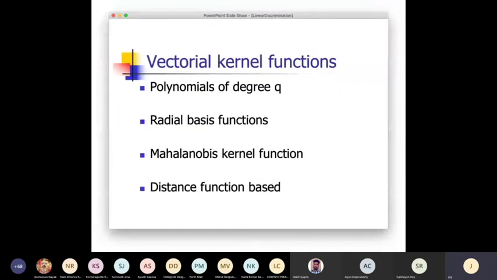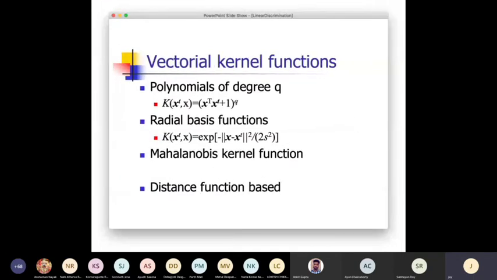And there are different kinds of vectorial kernel functions. It could be polynomials of degree q. Say this is one kind of kernel function. Here you can see that given any two samples, you can compute it in this fashion.